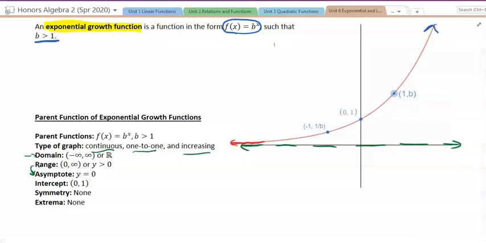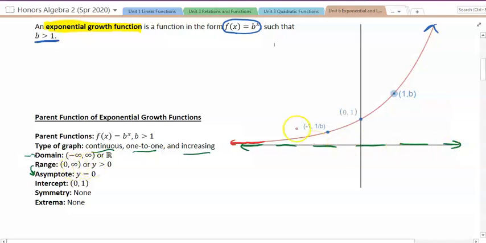But if we actually were to look at the values to multiple decimal places, we would see that it is not exactly 0, but it would be like 0.000000001 something, right? It would be very close to 0. And for all purposes, it could be 0, but it's actually not. This graph will never touch the x-axis. And so the asymptote of this is y equals 0, and so that is the x-axis.